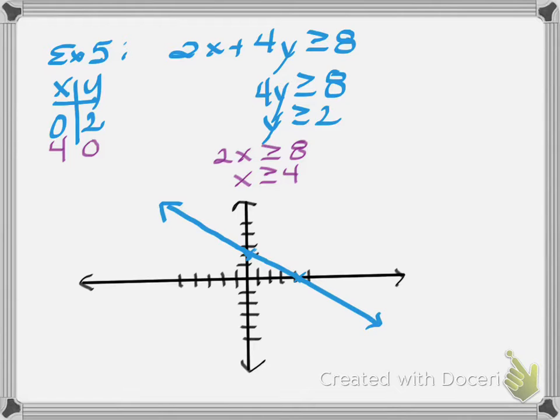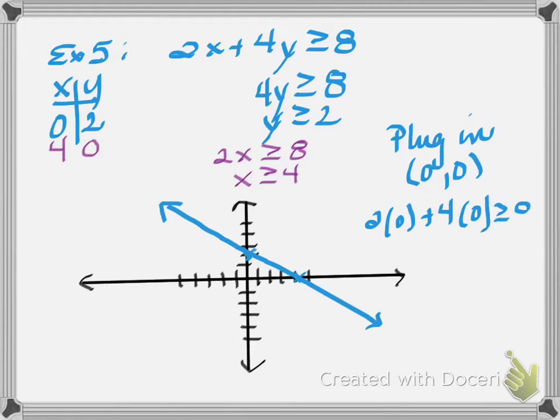Draw my line. Now, should it stay solid or should I dash it? Well, it should be solid because there is an equal to. It's greater than or equal to. Okay, so I'm going to plug in 0, 0 into the original equation. So is 2 times 0 plus 4 times 0 greater than or equal to 0?